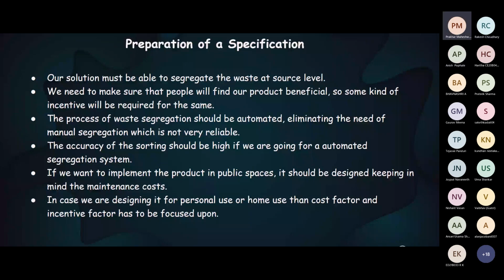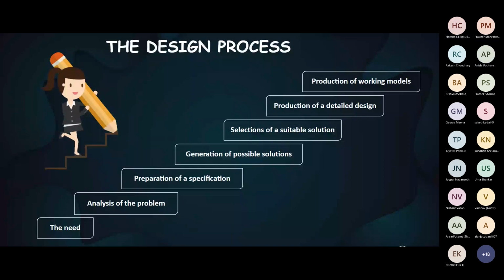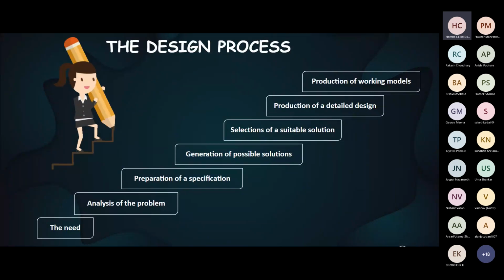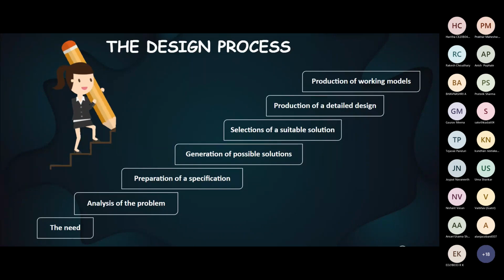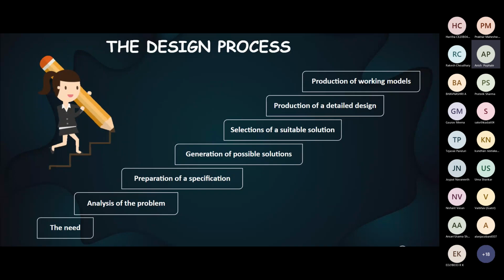Right. Yeah, if there is no point, then probably we can move ahead. Sir, we can teach the techniques to use the waste. Like some waste can be used as manure. So yes, I think that is the next step after segregation.